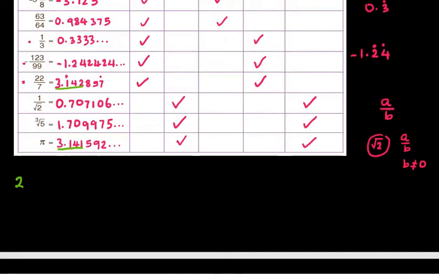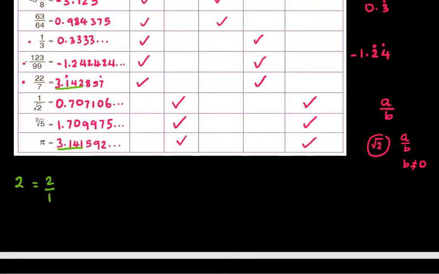When you look at this number 2, we can write it as a fraction. How? You get 2 out of 1, where 2 is the numerator and 1 is the denominator. So it can be written as a fraction. So 2 is a rational number.